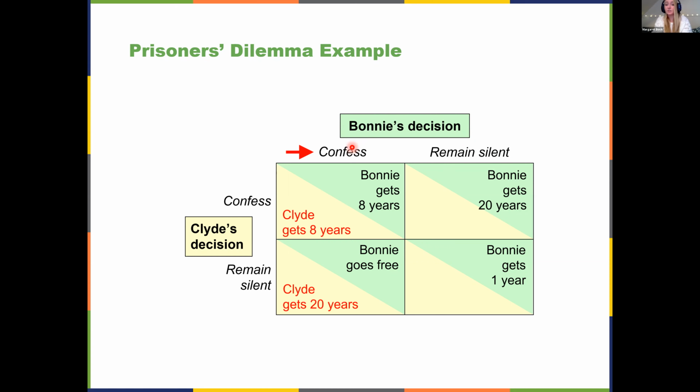If Bonnie decides to confess, and Clyde also decided to confess, Clyde is going to get 8 years in prison. So again, this is the situation where they're pointing the finger at one another and blaming the other person for planning the bank robbery. If Bonnie points the finger at Clyde and Clyde didn't say anything, if he decided to remain silent, he's going to get 20 years in prison.